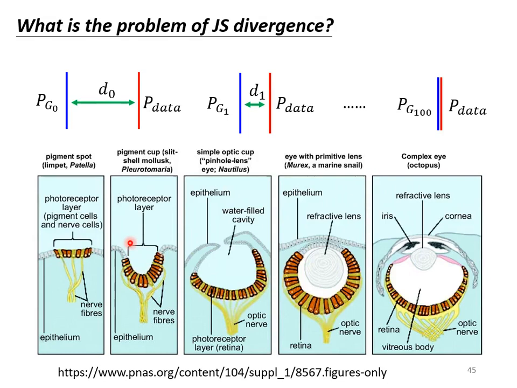For example, the light-sensitive cells may appear in a relatively concave place. The skin becomes concave, so the light-sensitive cells can receive light from different angles. Then it could cover the concave area. Later on, inside the enclosed place, it could fill some liquid. Then it becomes the human eye in the end.